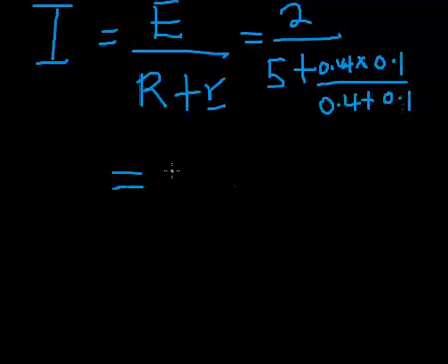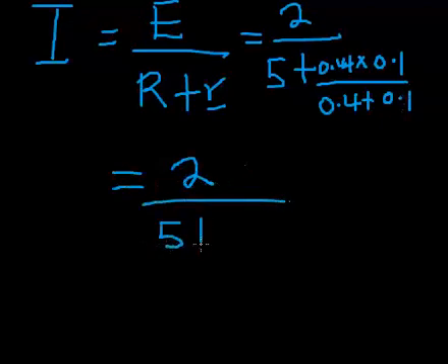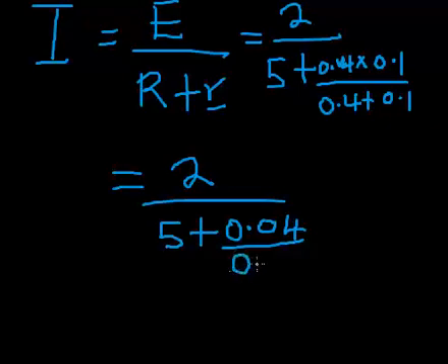So this is going to be 2 divided by 5 plus, 0.4 multiplied by 0.1 gives 0.04, all over 0.4 plus 0.1, which is 0.5.